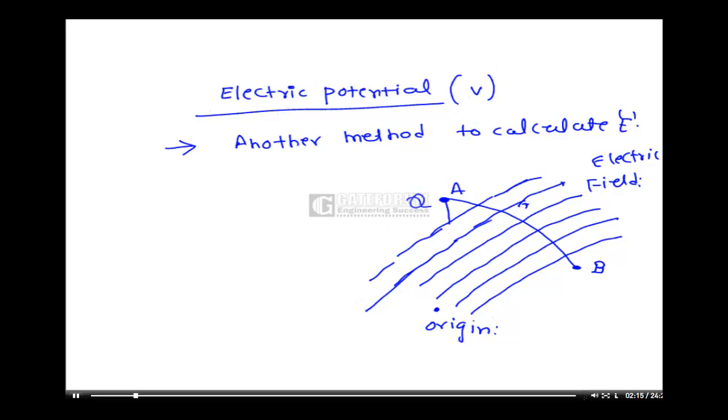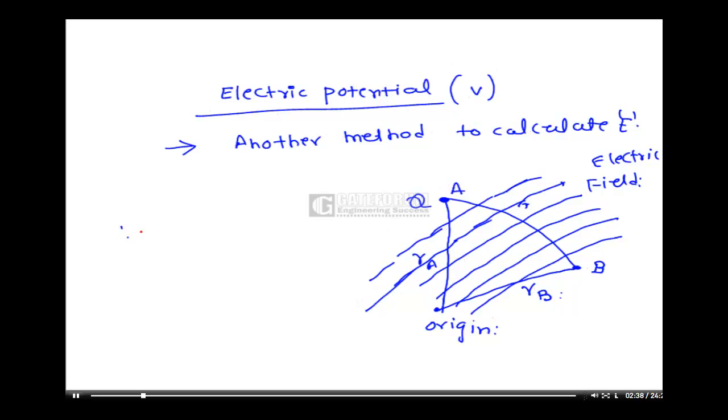Suppose this is a radius vector RA and this is a radius vector RB. So if I want to move the point charge from A to B, I have to do some work.